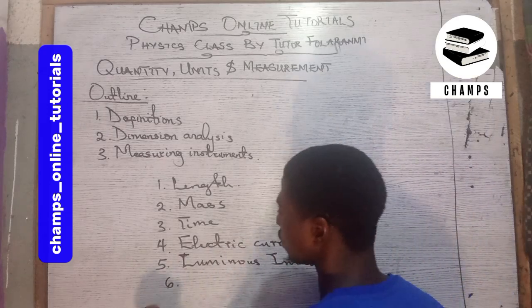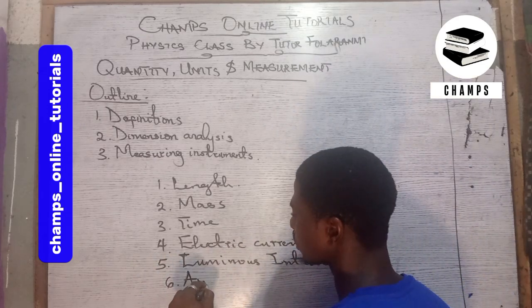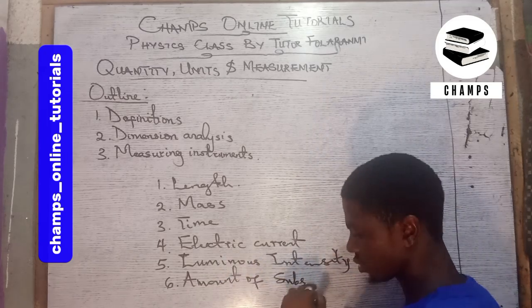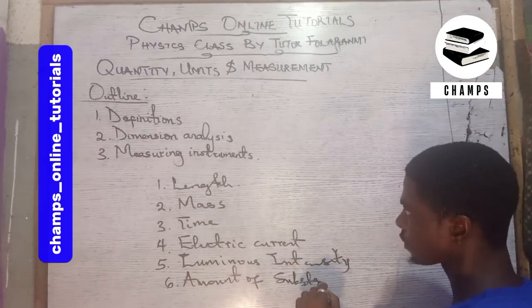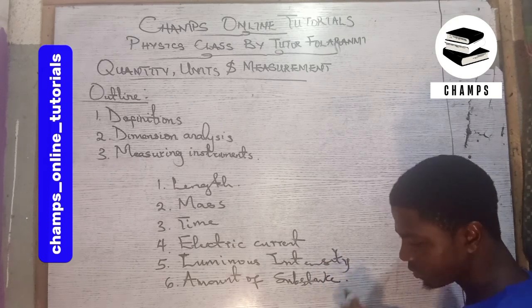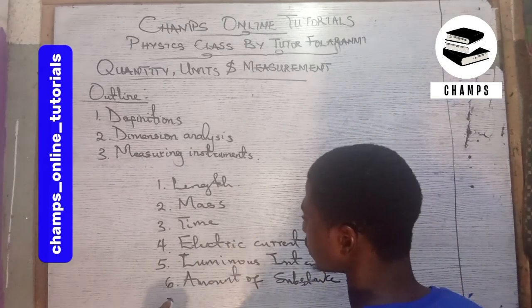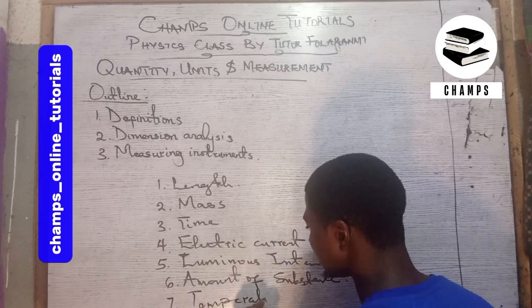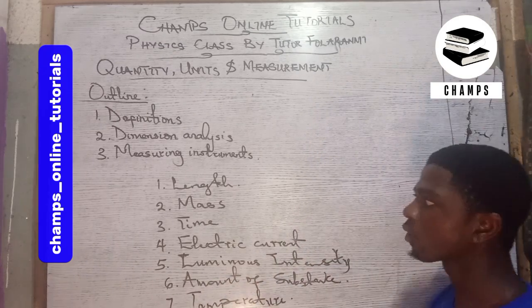Number 6, we have amount of substance. I've written time. Which other one have I not written? And number 7, we have temperature. Alright, now this is just their quantities, right?